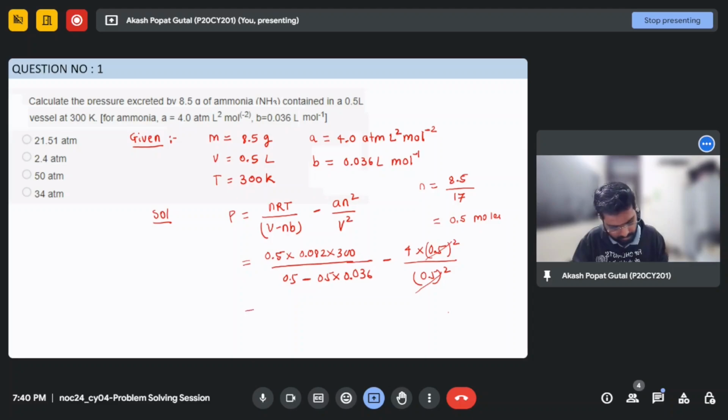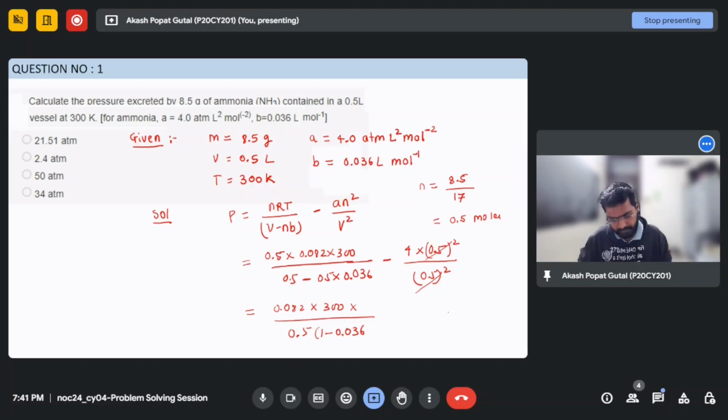This also gets cancelled. What we will get is 0.082 cross 300 cross, if you take 0.5 out, you can write like this, 1 minus 0.036, and this 4.